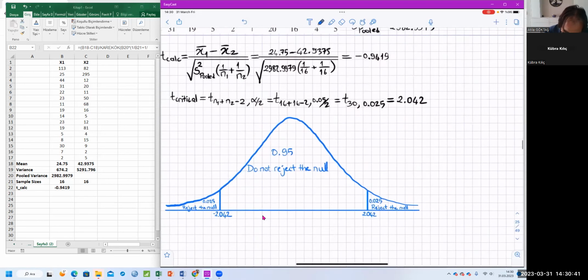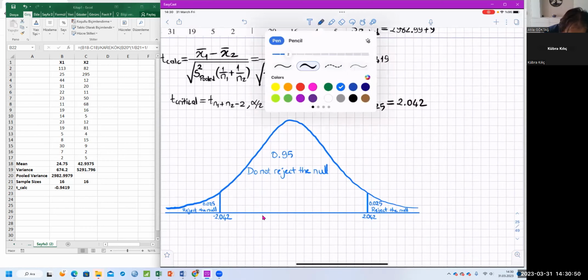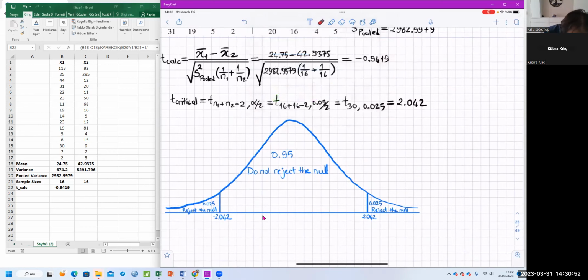Okay. So the calculated statistic is minus 0.94. It's perhaps somewhere here. Okay, let's say it's here, and I'll add an arrow.